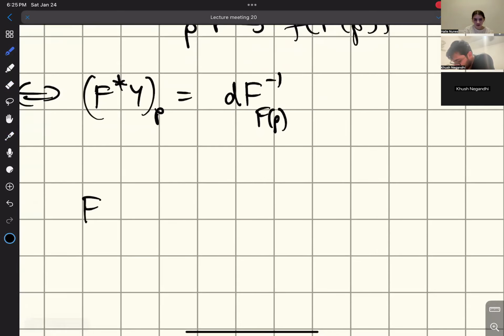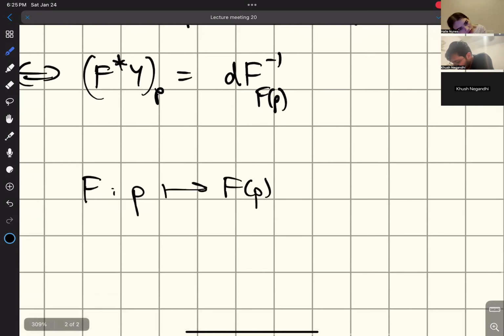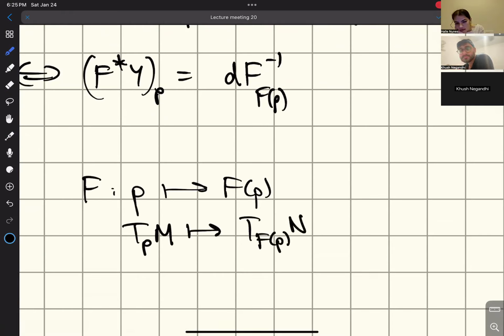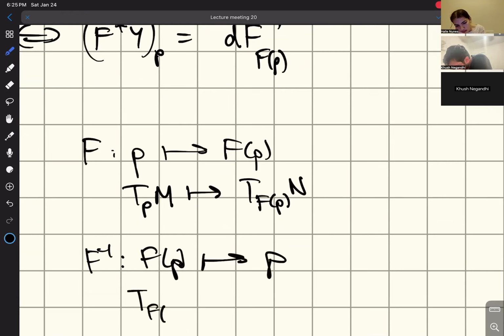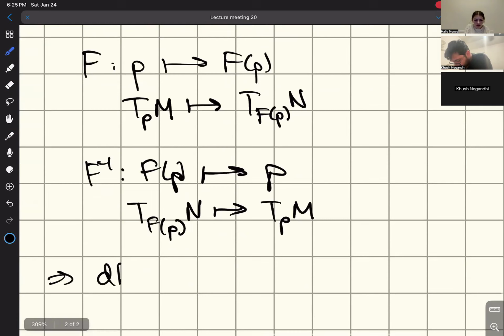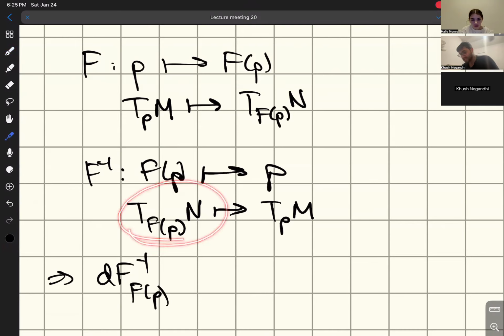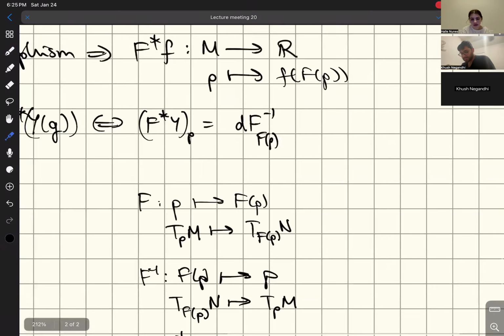Let me write this down. f takes a point P into f of P, and moreover, it takes the tangent space at P in M into the tangent space at f of P in N. So f inverse will now take f of P and map it into P, and it'll take the tangent space at f of P in N into the tangent space at P of M. What this means is that the derivative of f inverse has to be evaluated at the point f of P, and hence it takes tangent vectors at f of P in N. That's what I'm doing here.